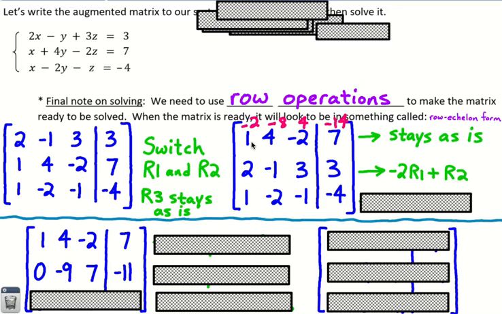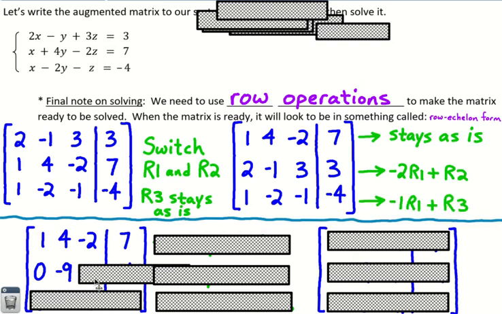And if I'm thinking of adding row 1 and row 3, and again, I guess I'll get rid of that for a second. Row 1 plus row 3 is not going to make a 0 because 1 plus 1 is not 0. So if I were to multiply this row by negative 1, this would become a negative 1, and then it would add up with this number to become a 0.